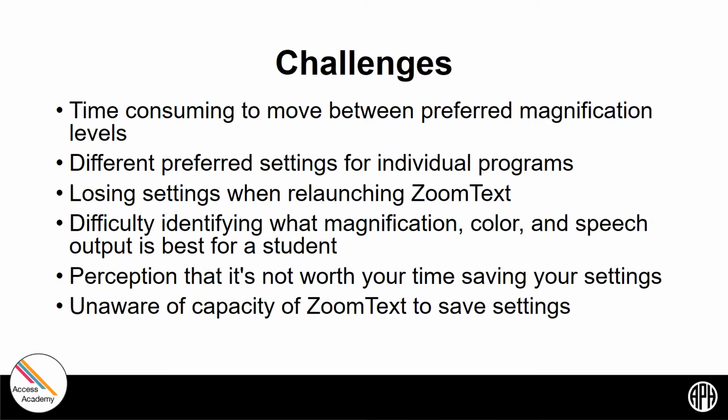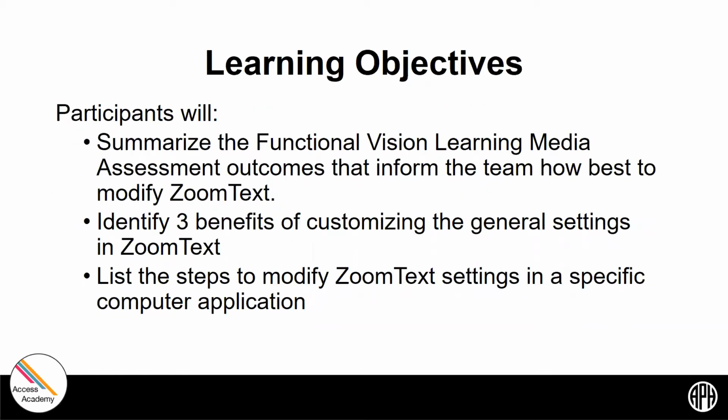And I think you'll learn that not only can you make those changes, but you can save them and really make things easier for you in the long run once you make the changes. So let's talk about our objectives. We're going to summarize what's called the Functional Vision Learning Media Assessment outcomes that inform and teach the team how best to modify ZoomText.